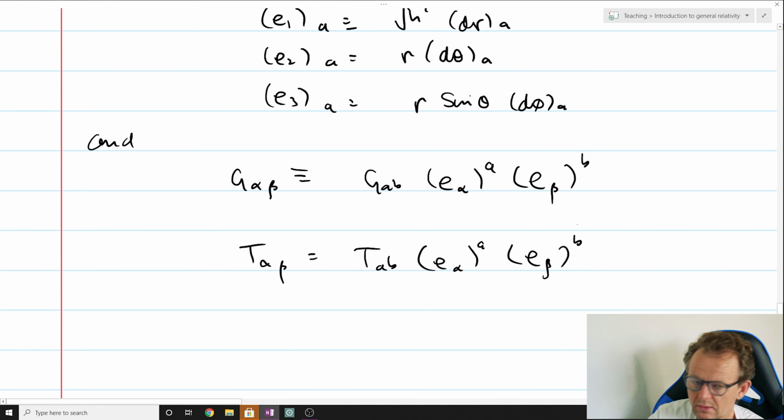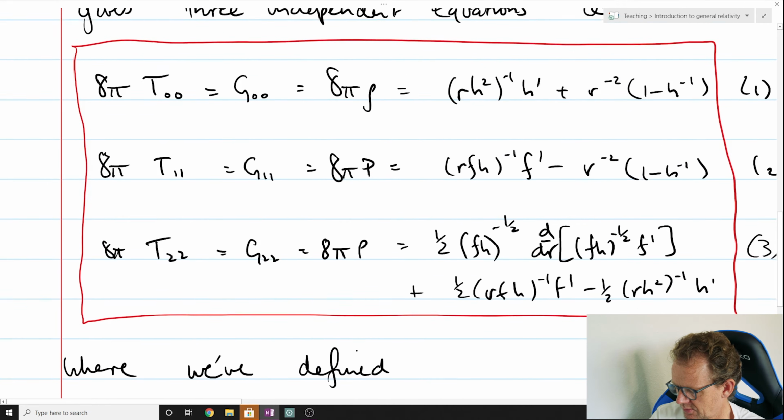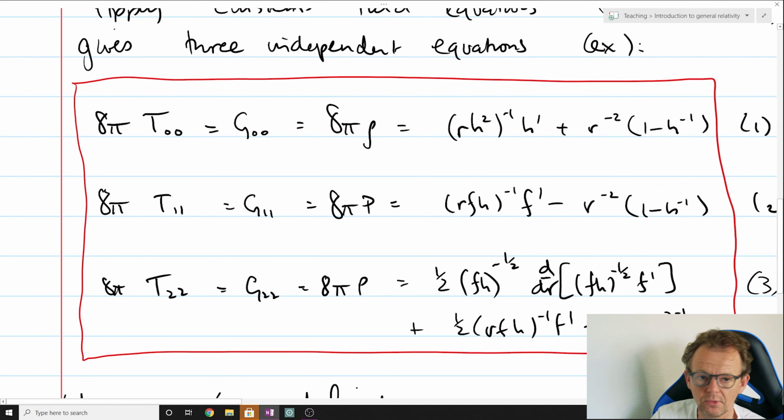We could have just done everything in the components given to us by the spherical symmetric coordinate system, but it slightly simplifies things to do it this way. There we go. So we've got 3 independent equations, just as before. And the first thing to note is, look at equation 1 there, right? There's no f at all in there. So that can be pretty much just solved directly.